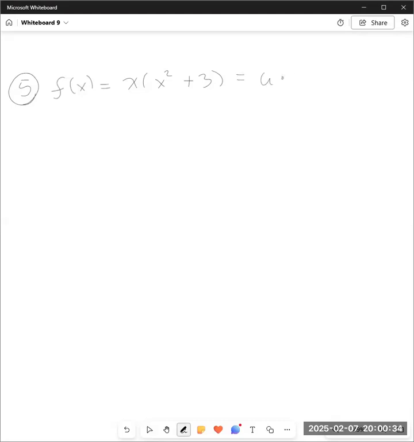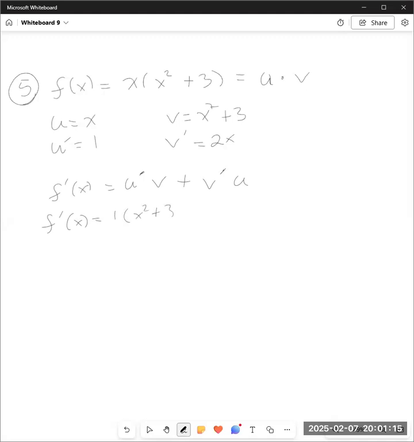So u times v is going to be u is x and v is x squared plus 3. u prime is 1. v prime is 2x, or f prime of x is u prime v plus v prime u. f prime of x is 1 times x squared plus 3, plus 2x times x.